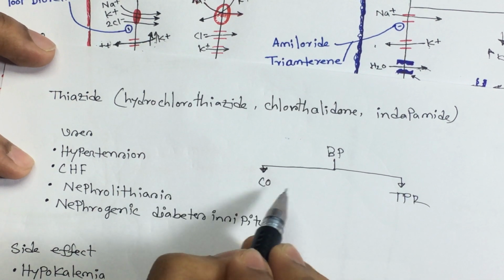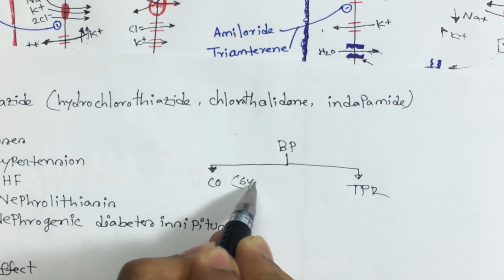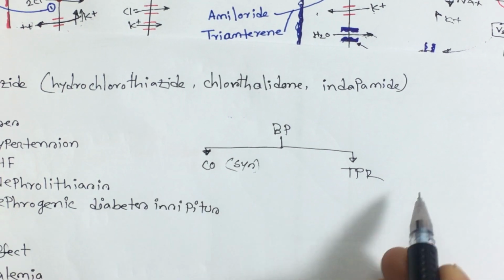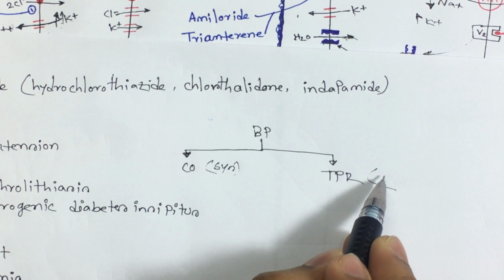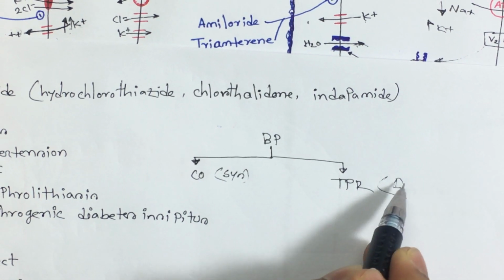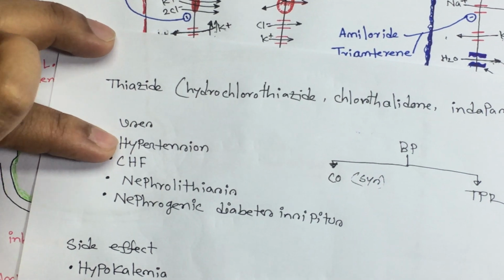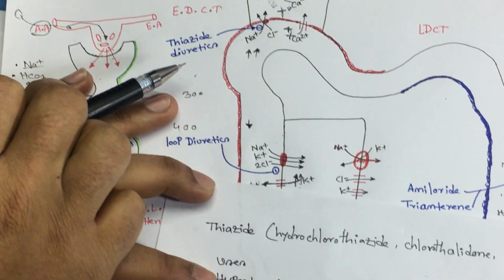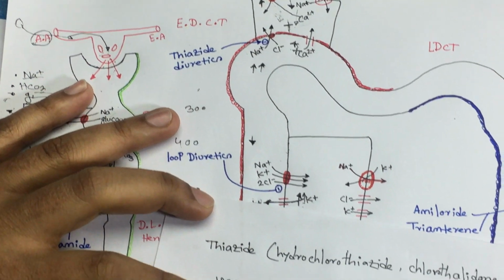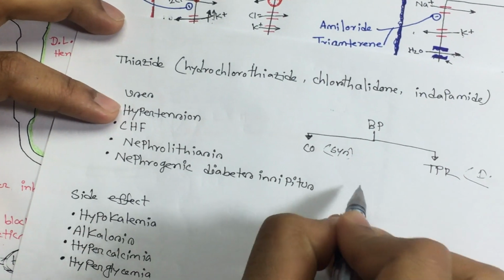Systolic blood pressure mainly depends on cardiac output, and diastolic blood pressure mainly depends on total peripheral resistance. If we use thiazide diuretics, it will decrease our blood volume.